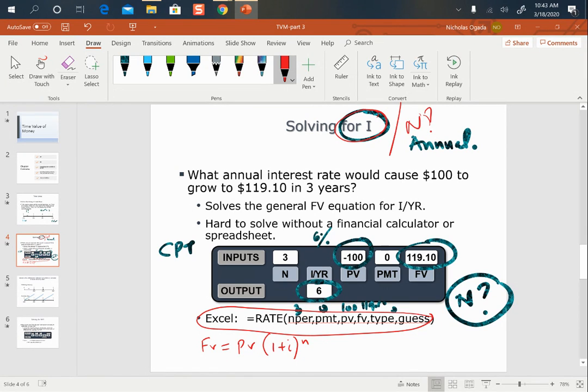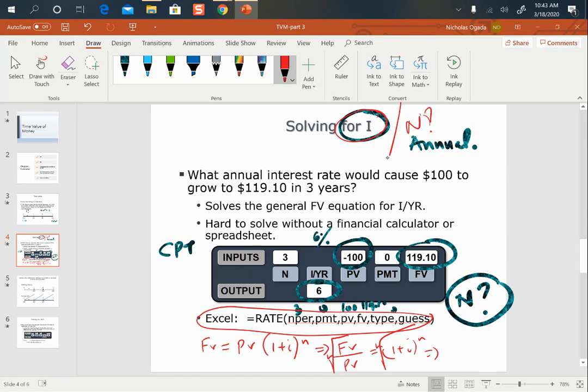For example, this is the same as saying that the future value divided by the present value is equal to (1 plus I) raised to n. To get rid of that n, you find the nth root of both sides.